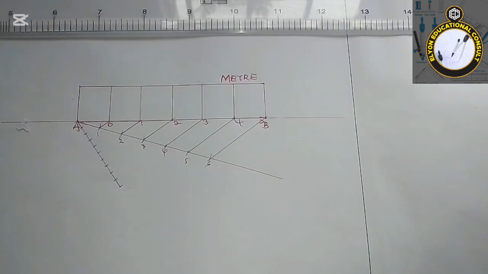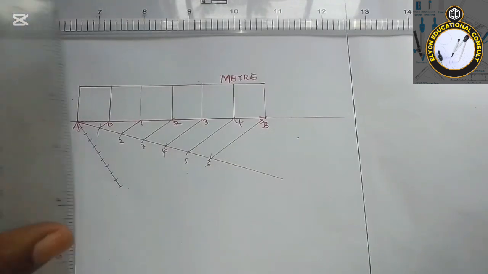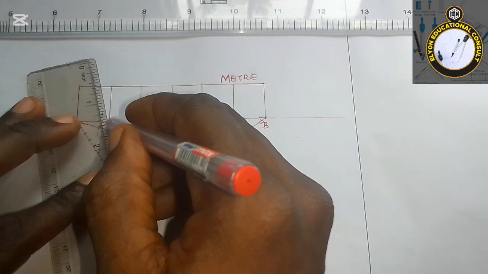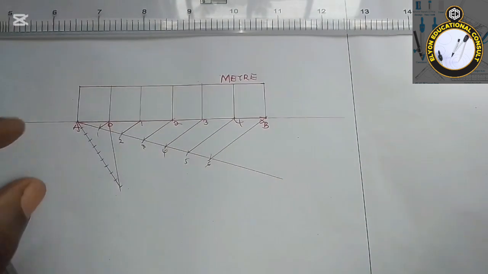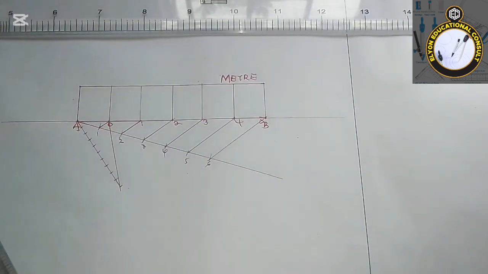Then I will join the last point to O, because I just want to divide this AO. That is why I did that.